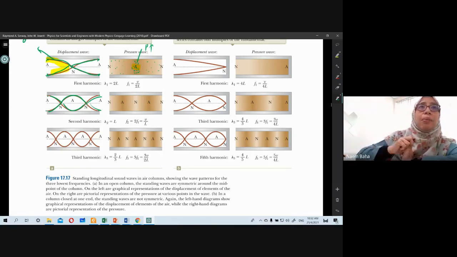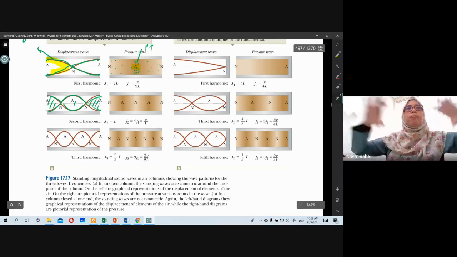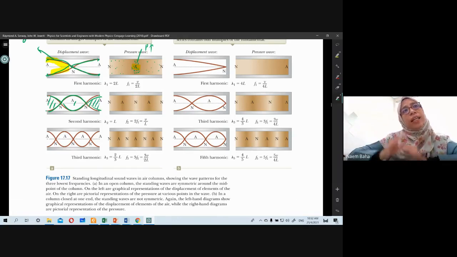Now, in the second harmonic, observe as well that you have two segments. Let me sketch it. This is one, and this is the other, two. When you combine the shaded area just now, you have two segments.